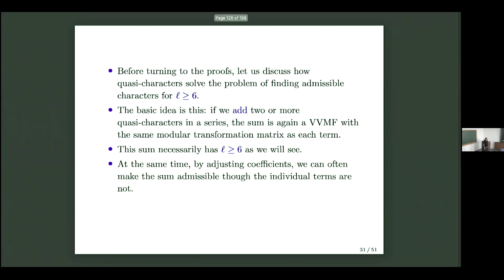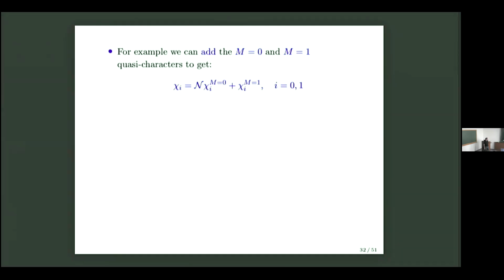And then we can ask whether this thing, which has Wronskian index higher than 6, can be made admissible. I'll show you an example which will, I think, fix the idea in your mind. Let me take two solutions, one for m equals 0, which I've shown you, and one for m equals 1, which I've also shown you.